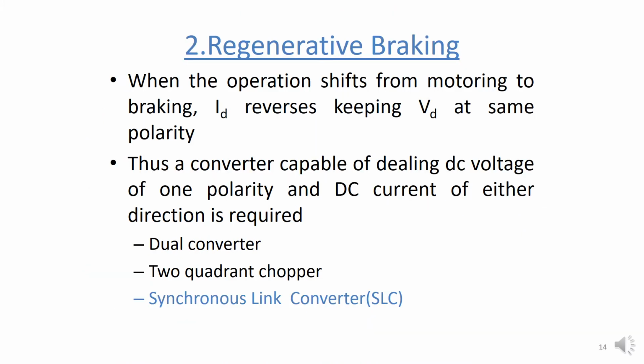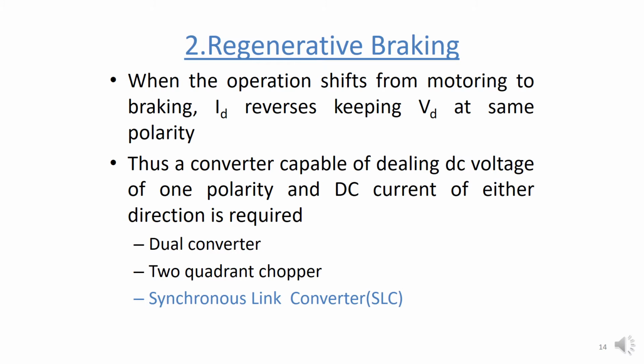In dynamic braking, the power is dissipated across the resistor, whereas in regenerative braking, the power generated will be fed back to the supply. So here, when operation shifts from motoring to braking, the current ID reverses, keeping VD at the same polarity.